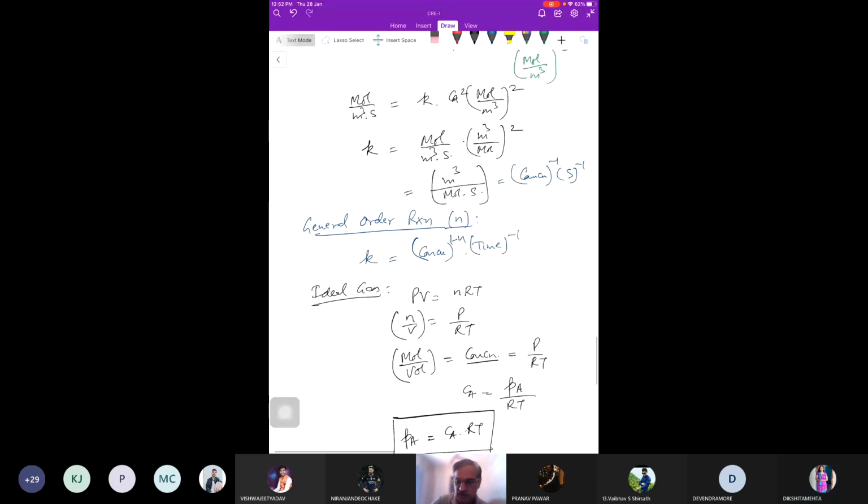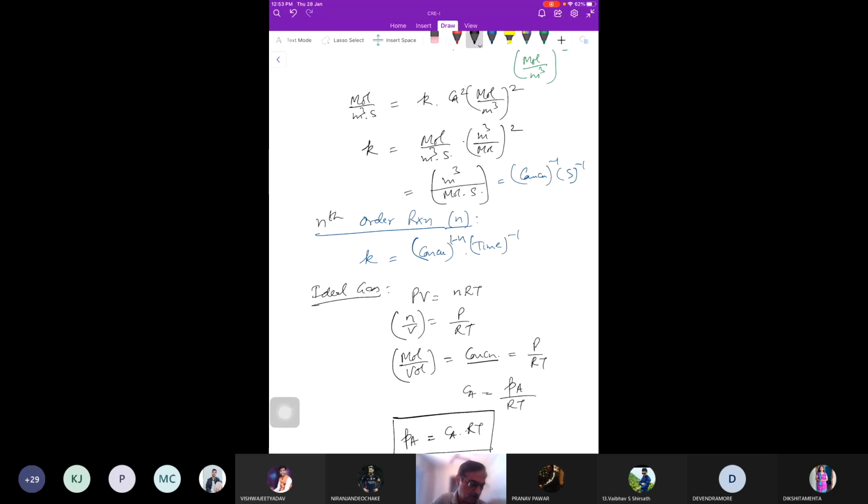N can be 1, 2, 3, anything. This is general equation, so it's a general order reaction, it's nth order reaction. Let's not write general order, it is confusing. ठीक है, nth order reaction, that is what we can write.